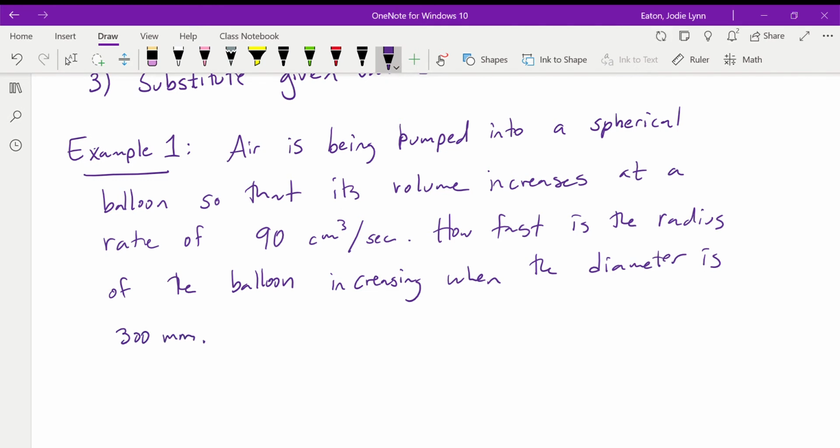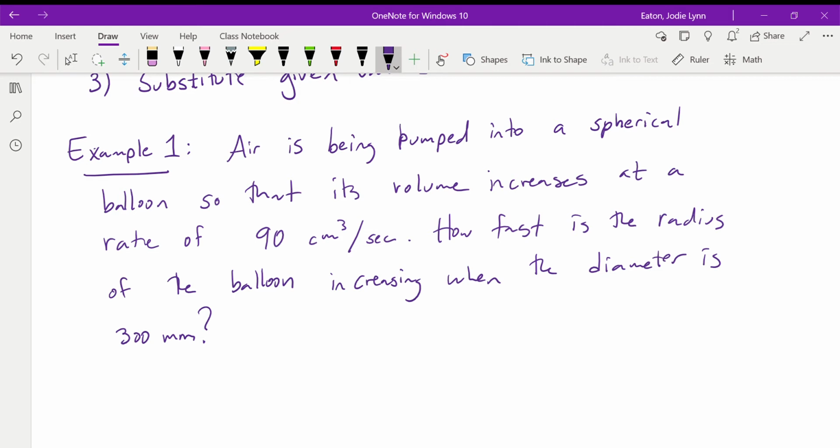So we're pumping air into a spherical balloon so that the volume increases at a rate of 90 centimeters cubed per second. How fast is the radius of the balloon increasing when the diameter is 300 millimeters?